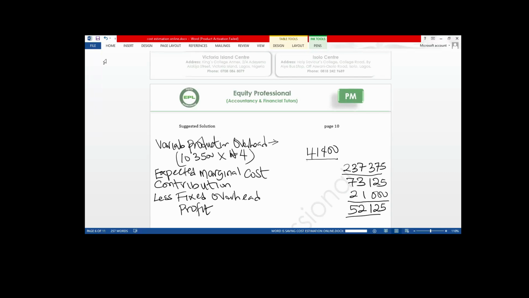Okay. I said for requirement B, we are required to explain why the approach used to estimate costs in Apapa factory is different from the approach used in Ikeja factory. The reason for the difference is that at Apapa factory, production is within 100%.